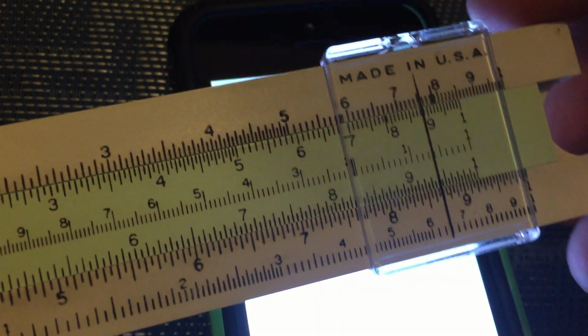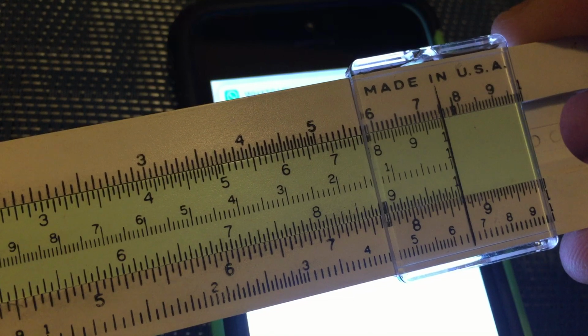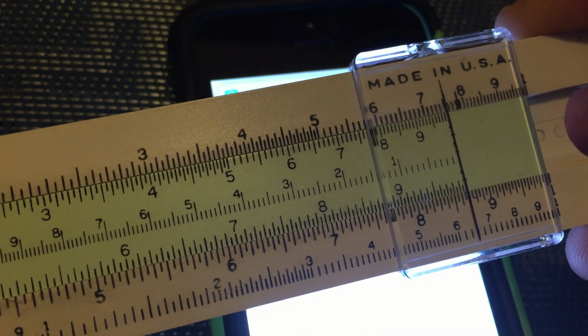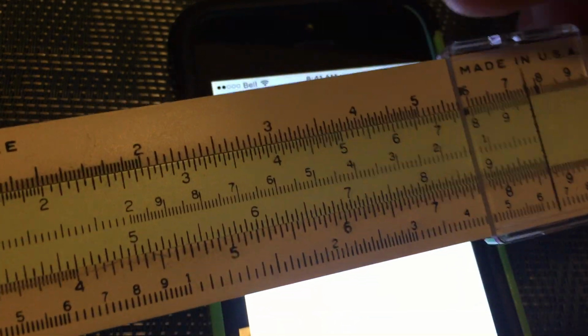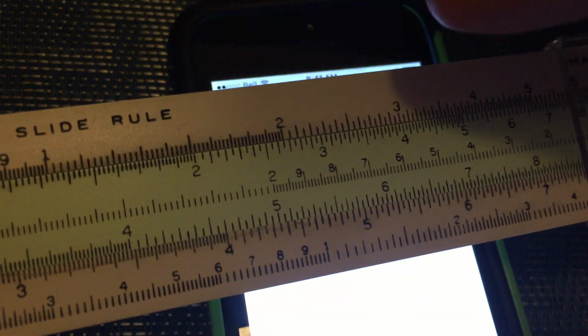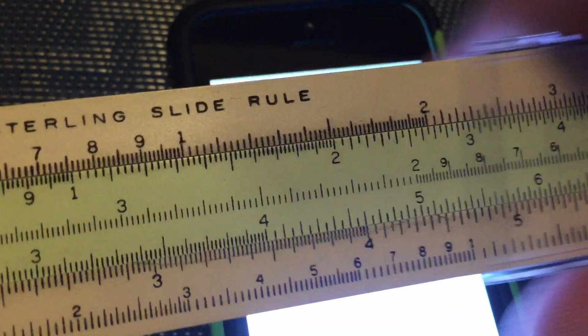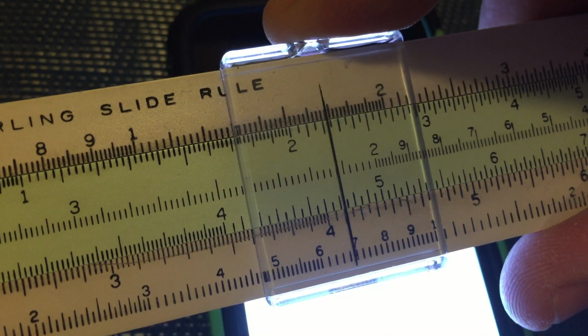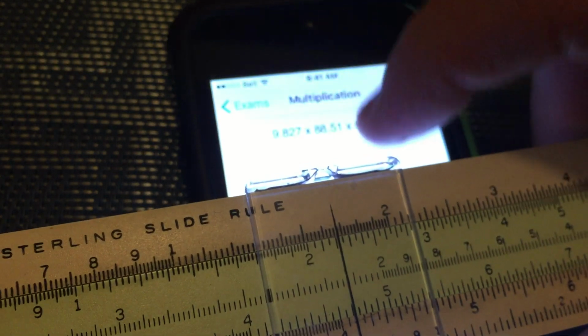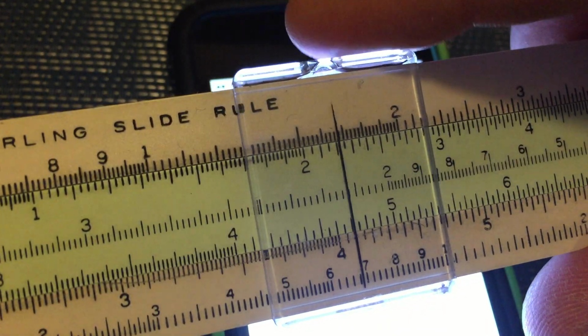So we're going to bring this over to here, because now we're resetting the unit to there. And now 0.4727 is going to be roughly around there.